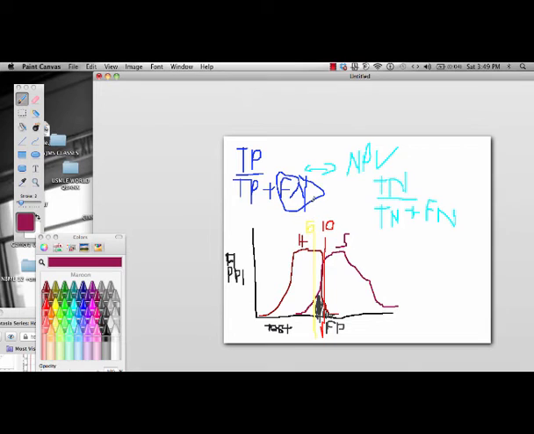So we're not really sending so many people away. We definitely lowered our false negatives. What's in the denominator of negative predictive value? False negatives. So I'm going to be decreasing false negatives. Therefore, if I'm decreasing false negatives, then our negative predictive value will go up. If sensitivity is going up, the negative predictive value is going up.